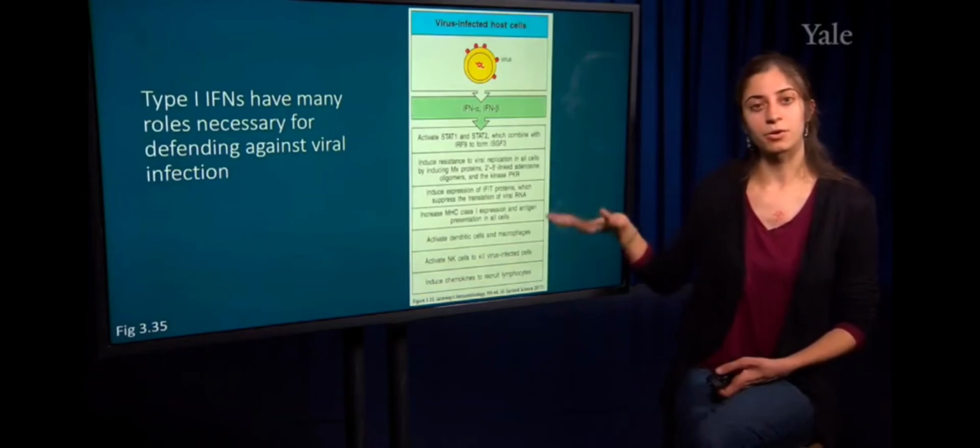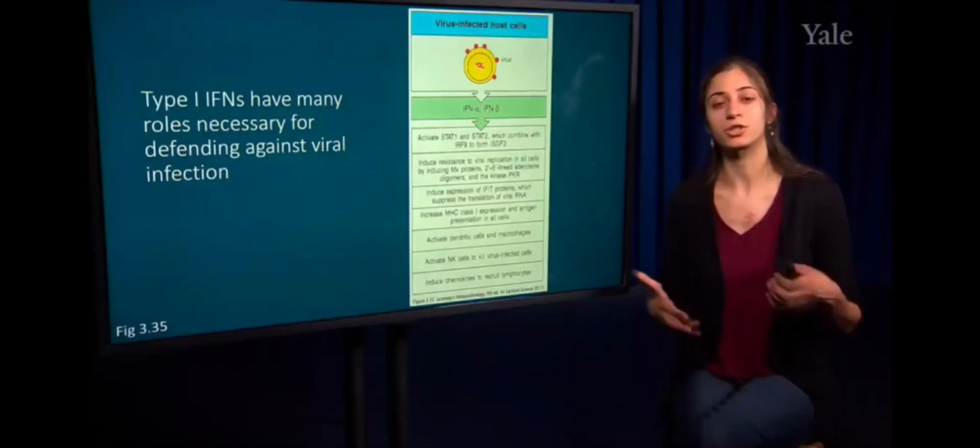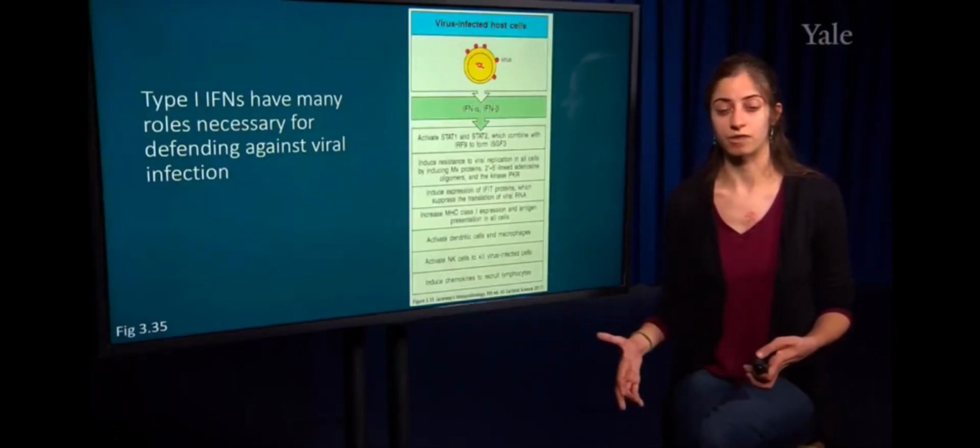This is a bit of a flow chart showing some of which I just said, but also showing some of the downstream molecules that are produced as a result of type 1 interferon signaling. These are all within this interferon-stimulated gene family and include MX proteins, 2'-5' linked adenosine oligomers, and the kinase PKR, all of which are responsible for interfering with viral replication.